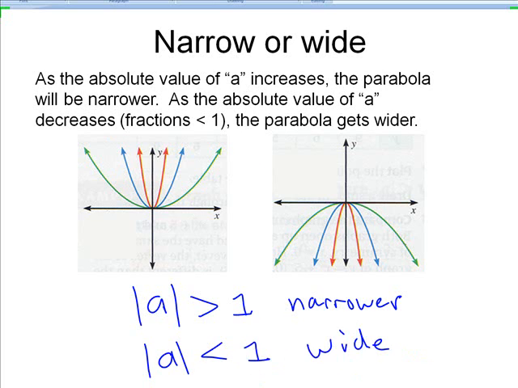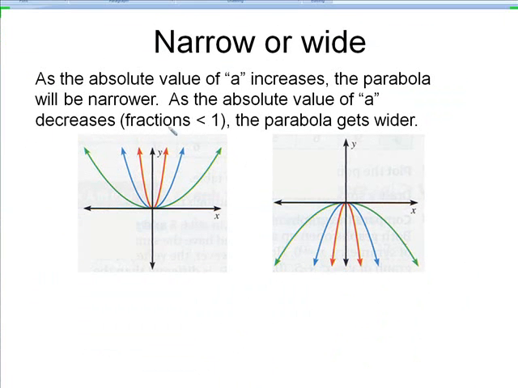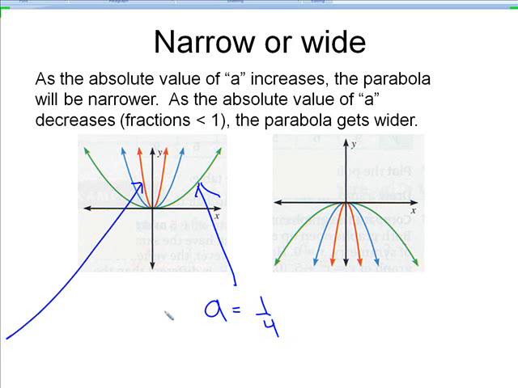Okay, so meaning, let's say using some of this right here. This green parabola right here, the a value we could assume could be something like 1/4. This one in red, the a value, something that would make sense might be something like 2, 3, something like that.